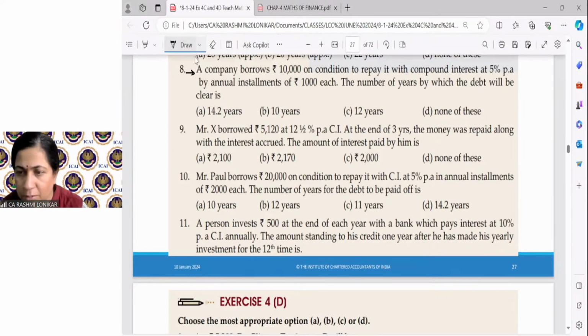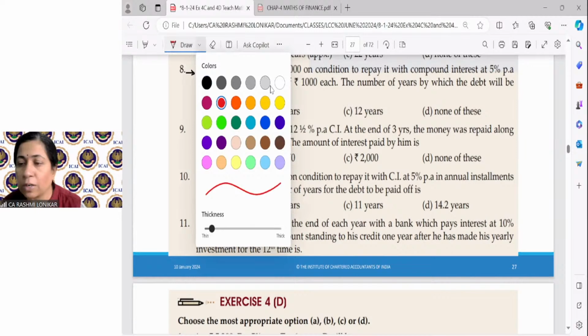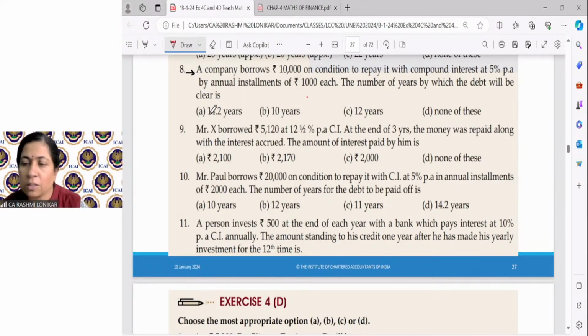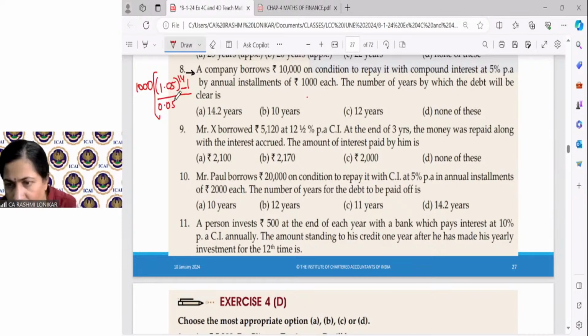Now I will show you how you can do it with the options also. This is 14.2, this is 10 and this is 12. Because I can't use 14.2 directly, I will try with 14. The formula is 1000 into 1.05 raised to 14 minus 1 upon 0.05 into 1.05 raised to 14.